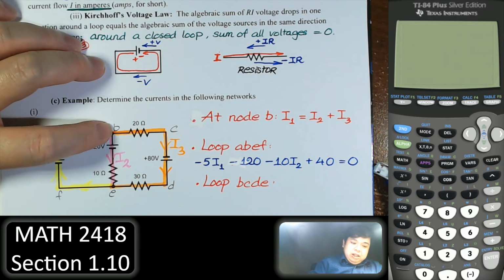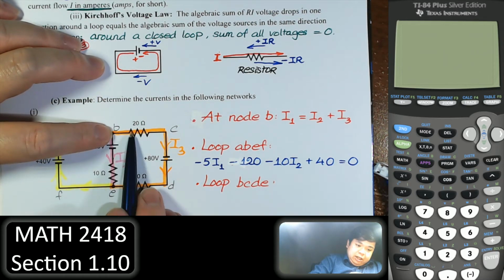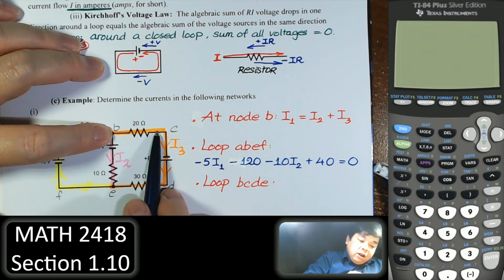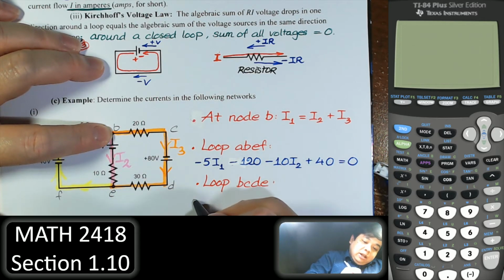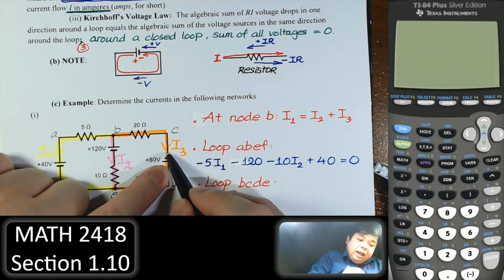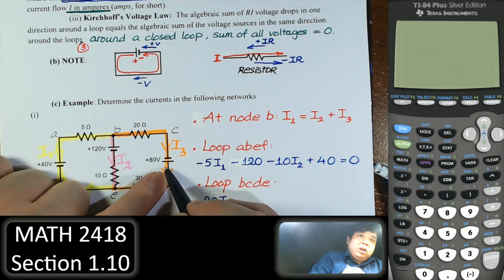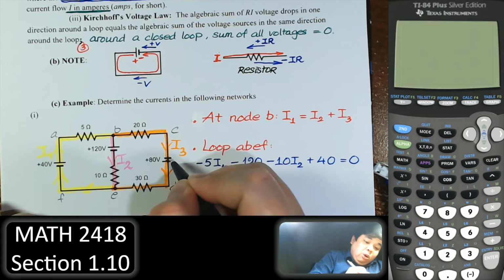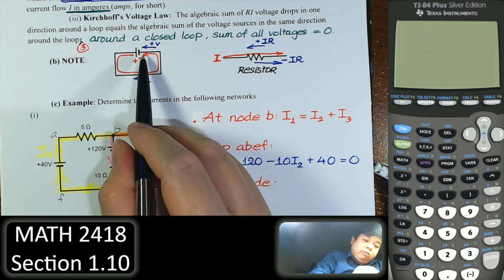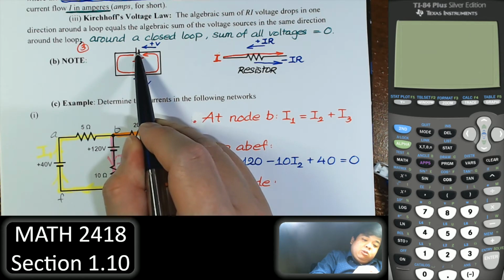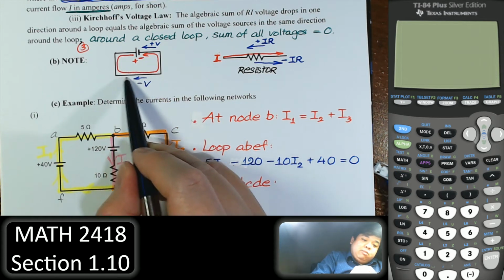We start from B. The current here goes in that direction. So we go with the current, meaning we subtract 20 I3. And then in this direction, notice we go through the battery in the correct direction. The direction of the battery is, within the battery, from negative to positive, and on the outside, positive back to negative.